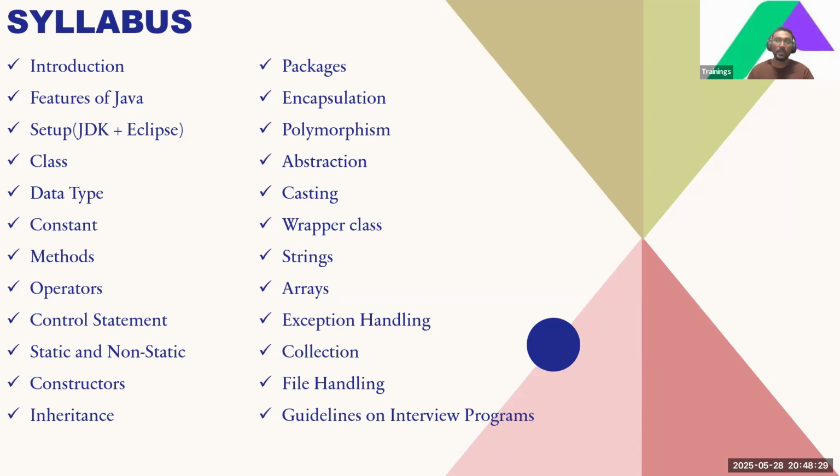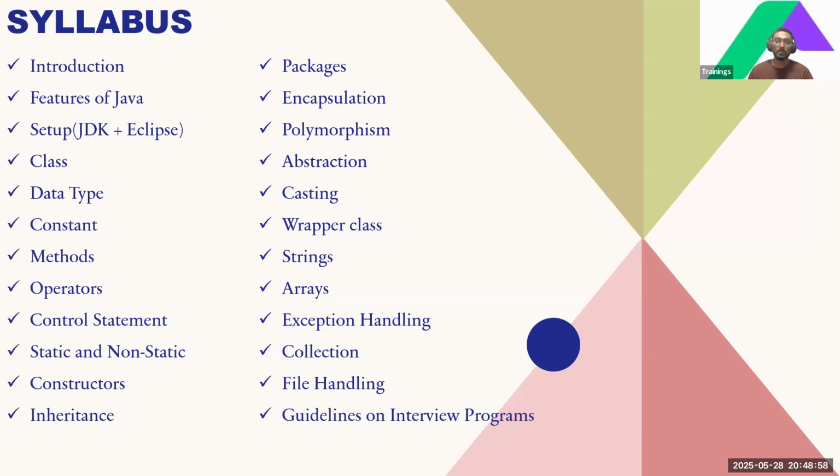So you have to bear with me and have patience, because I cannot go on without answering the questions and making the concept clear. I'll be answering all the questions, and only then I will go to the next concept. So what will be the level of programming covered for each concept?